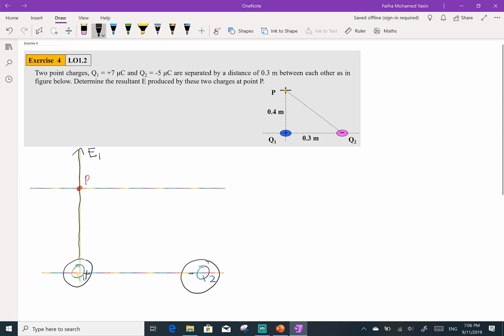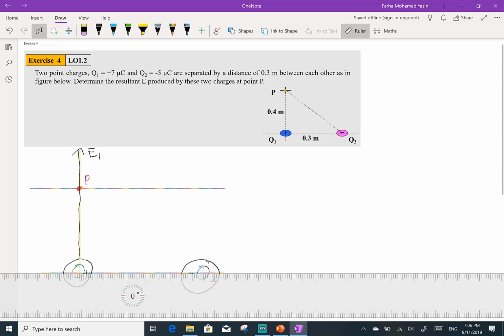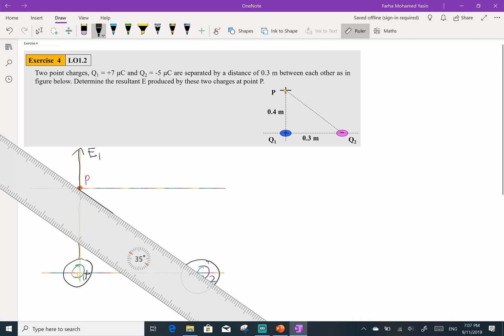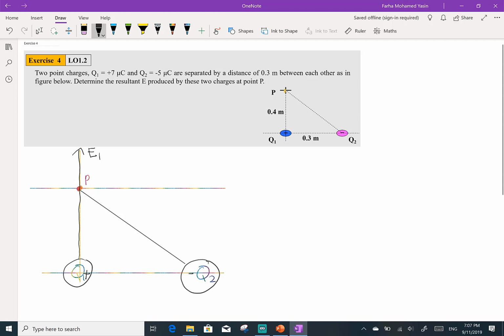Okay, dan kemudian kita ada charge Q2. Charge Q2 is negative. So kita lihat ke point P, dan kita tahu the direction for negative charge is inward. So kita perlu lukiskan E2 from point P towards Q2, inward Q2 because Q2 is negative.